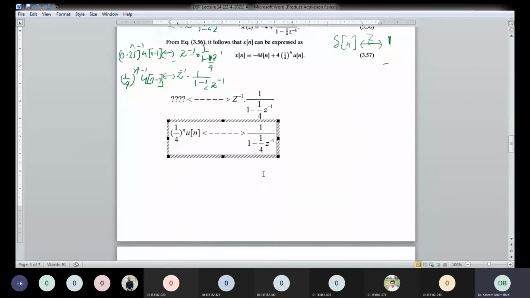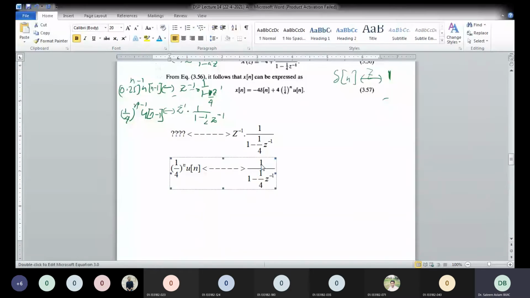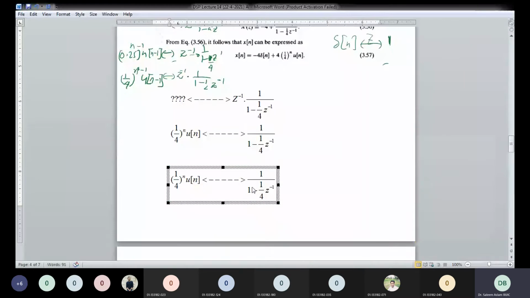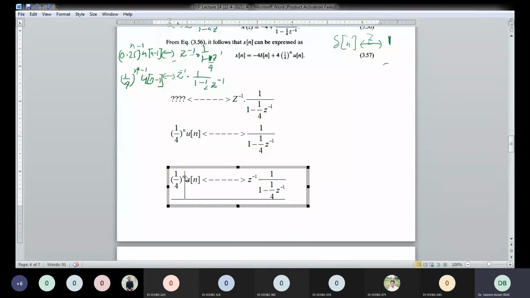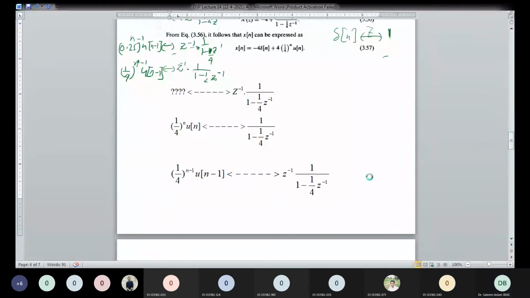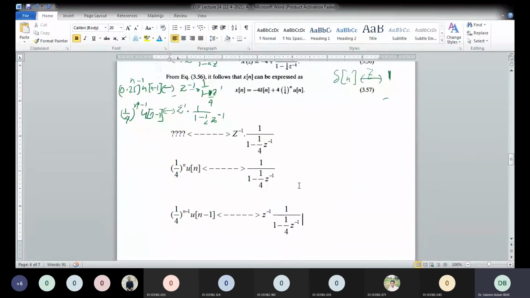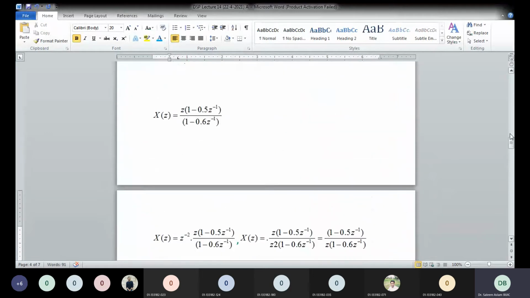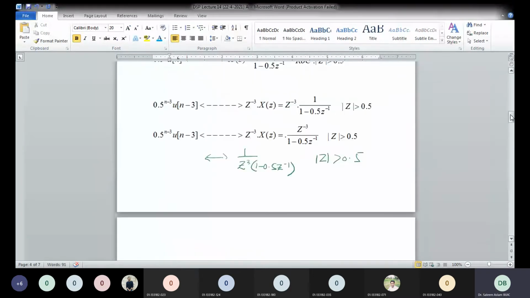And now we copy it again and multiply it with z to the power minus 1. And we know when we have z to the power minus 1 multiplied in the z domain, it means that there is n minus 1 here and u of n minus 1 here. And because of the delay the ROC does not change, so this would be z mod greater than 1 by 4.